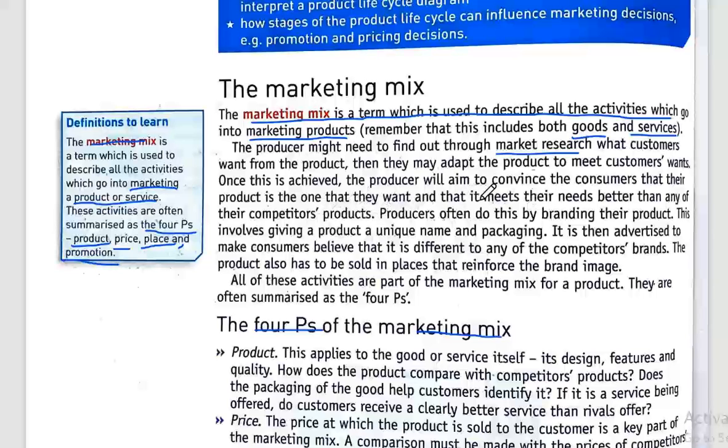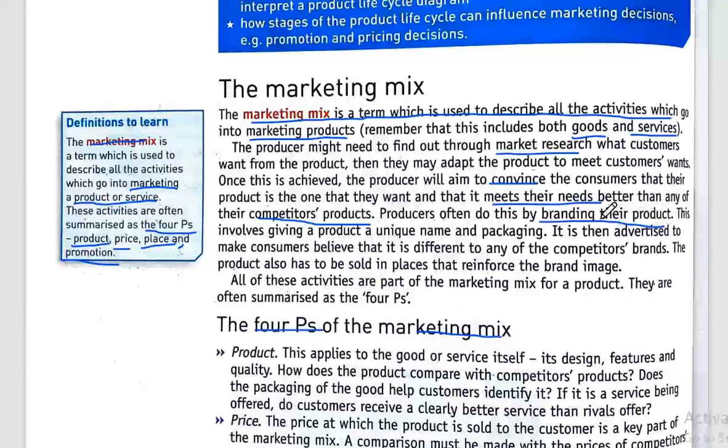Once I know that, I must start convincing the consumer about the product I have. I must convince him that this product is going to meet his needs better than any of the competitors' products out there. The producer does this by branding their products.